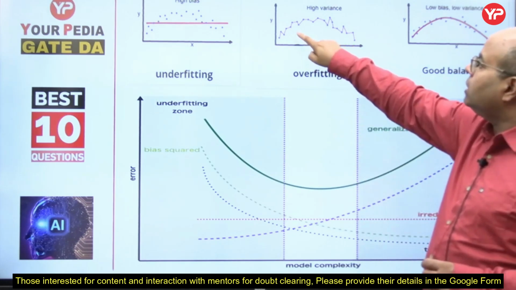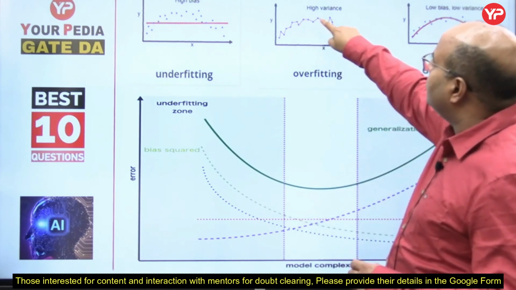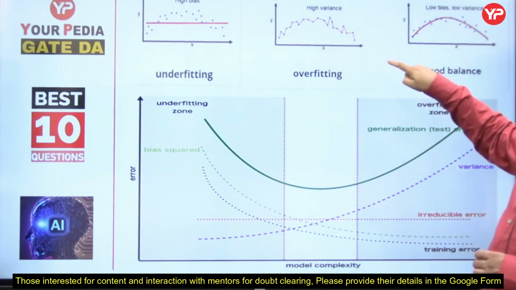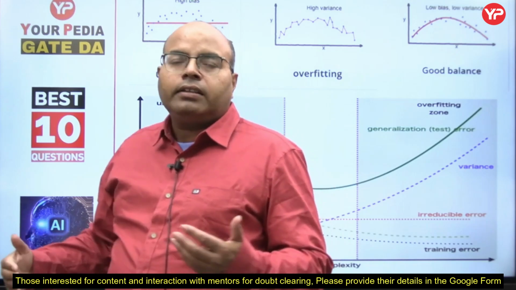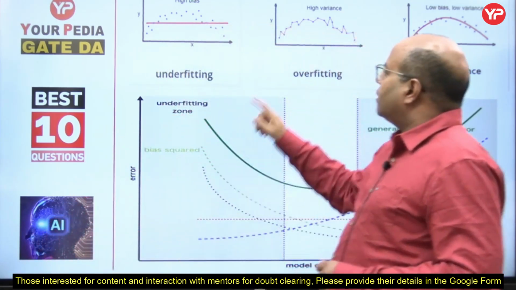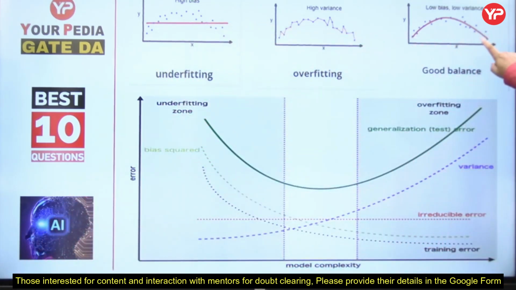If we fit to each and every point, then this model will not be general, it will not be applicable across different data sets, and that's why it will give high variance error. So this is the good balance. It has generalized, it has taken the essence and generalized.